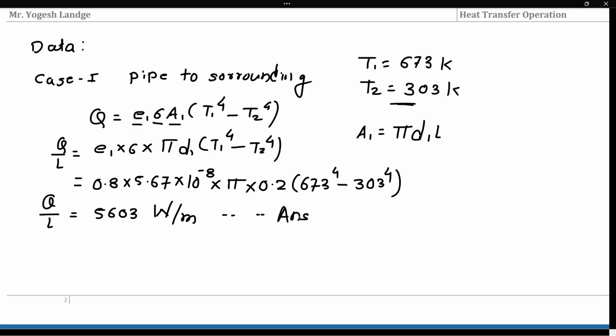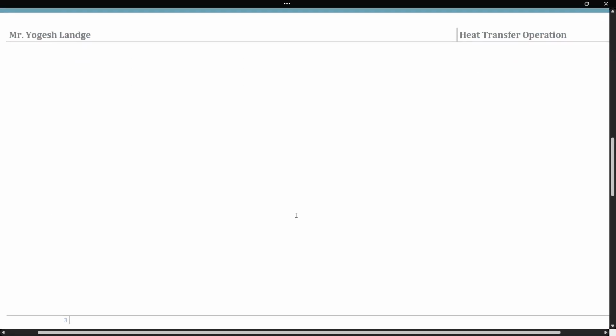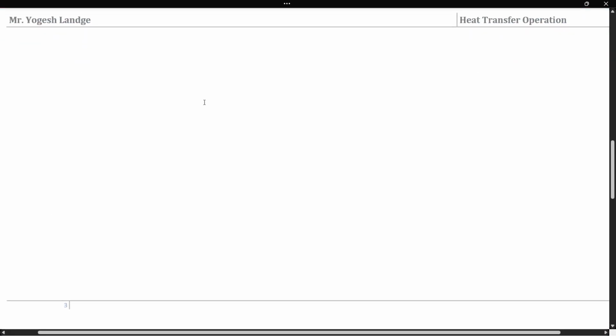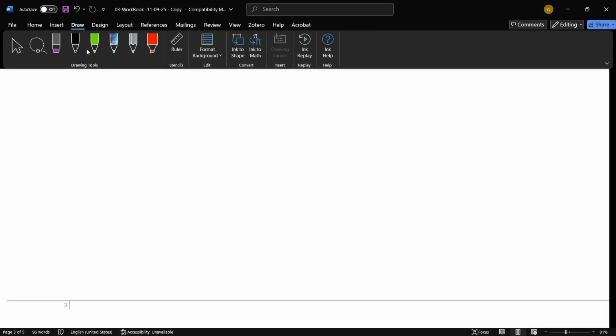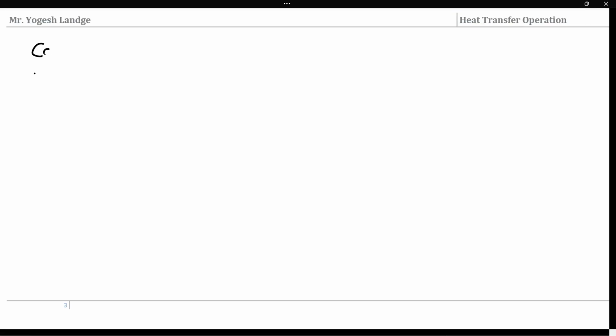What is the second case mentioned? In case 2, we have the concentric pipe, the concentric cylinder.